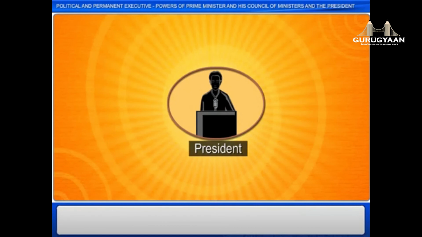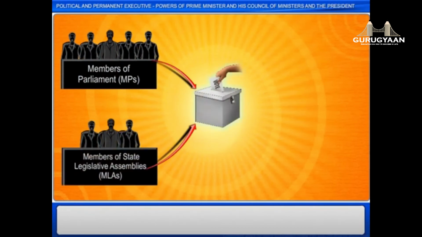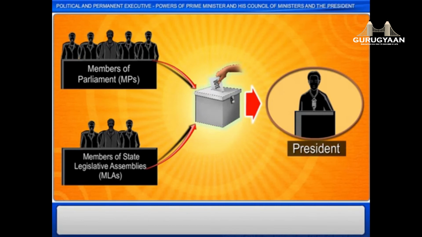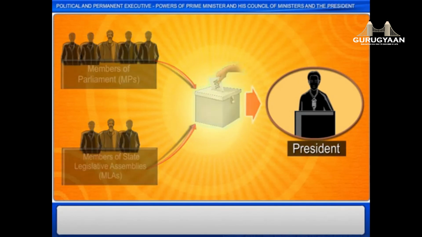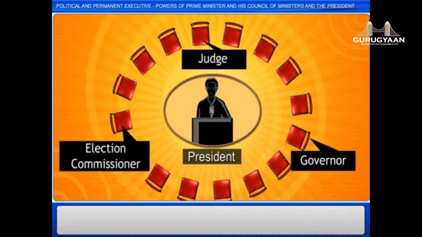The President is not directly elected by the people. All the members of Parliament or MPs and the members of the state legislative assemblies elect the President. Thus, in a way, the President represents the nation. Though the President has nominal powers as per the Constitution, he or she plays an important role.